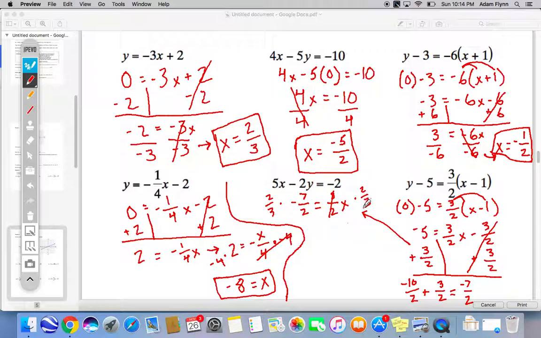So that gets rid of my 3 over 2 and my 2 over 3. So I'm left with x on this side. And I have 2/3 times negative 7 over 2. So 2 times negative 7 is negative 14. And 3 times 2 is 6. So 14 and 6 are both divisible by 2. So I know x will equal negative 7 over 3.